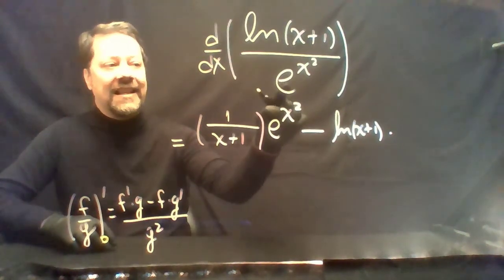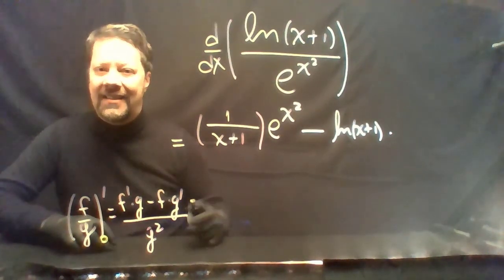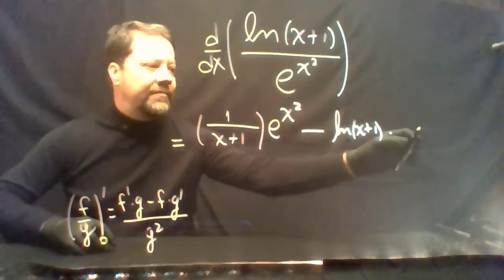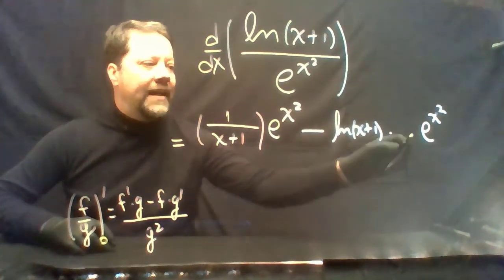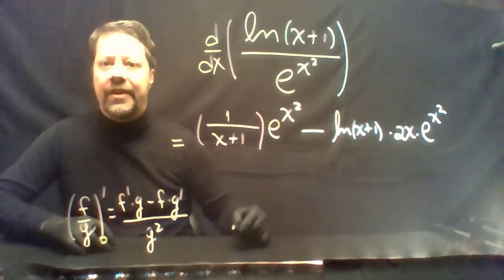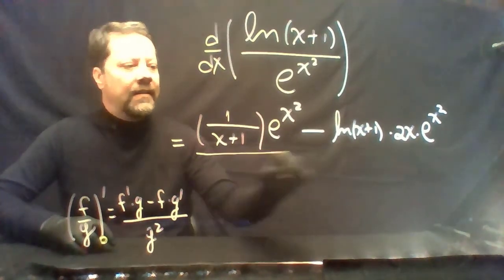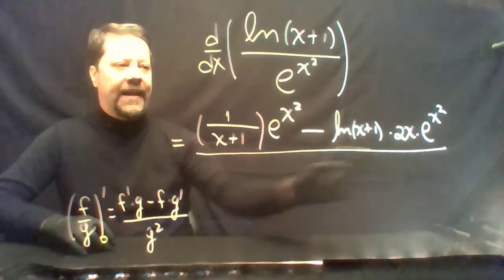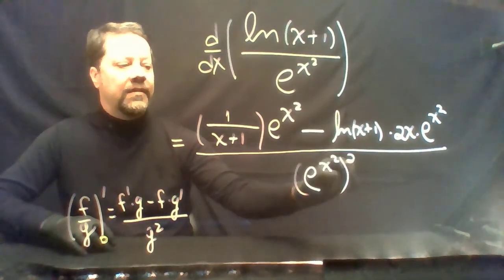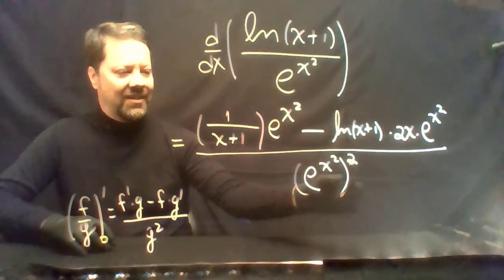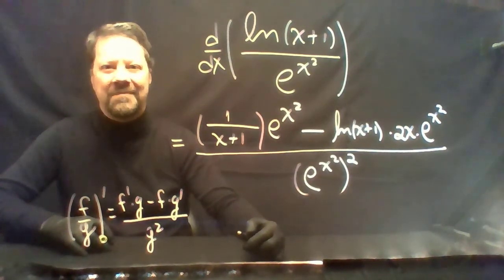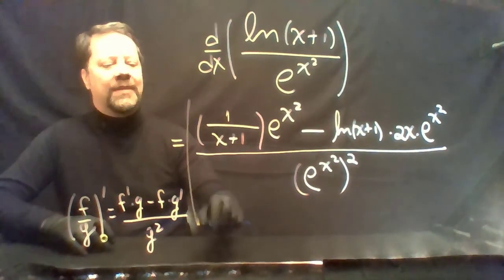But this is not e to the x, this is e to the x squared. So the derivative of e to the stuff is e to the stuff, but I have to multiply by the derivative of the inside, by the chain rule. All of that is over the bottom squared. Yes, we can multiply these and get e to the power of 2 times x squared. And that's fine. But let's leave it at this.